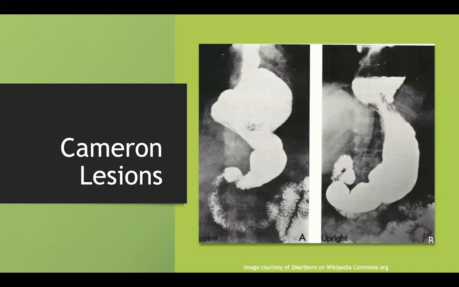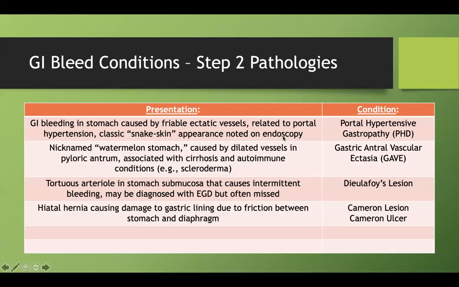So if I go here, what's happening in these pictures, this is the same person. The diaphragm in this case would be right here, and in this case, the diaphragm's right here. What's happening is that the diaphragm is compressing that region of the stomach. The stomach's not used to getting compressed like that, so it can actually cause some damage to these regions here. And these Cameron lesions or Cameron ulcers can bleed.